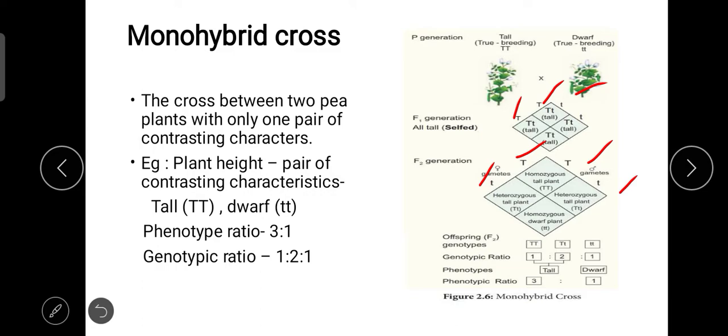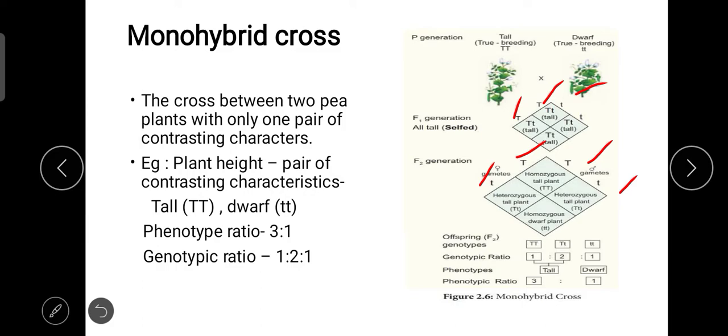Phenotypically, 3 plants appear completely tall and 1 plant appears short. In the genotypic ratio, one is pure tall, one is pure short, and 2 are heterozygous tall plants.